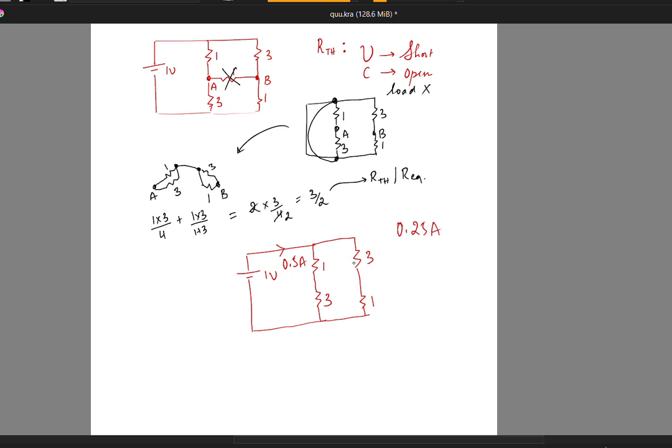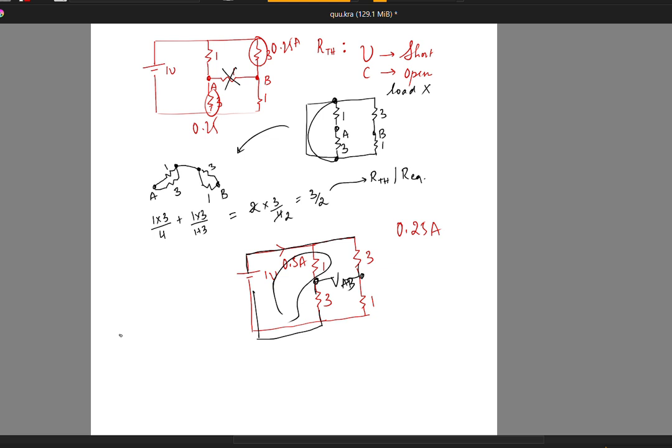Now that essentially implies that this resistor has 0.25 amps and this resistor has 0.25 amps. And now when you draw the loop which we are concerned with, the loop starting from here, right? And this is our VAB, right? We will draw a loop from here, come all the way down, go across here, come down, and come here. So that's our whole thing, a loop, right?